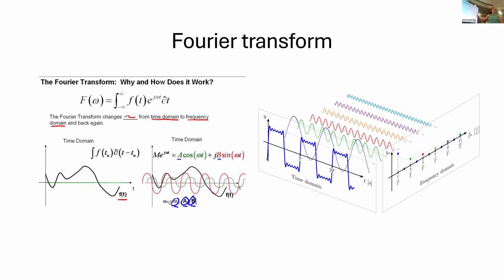This is the difference. And the height of each one is how strong this component is in our signal. So this one is the strongest, and then you have lower and lower. And you can see that there is a function which relates between them.